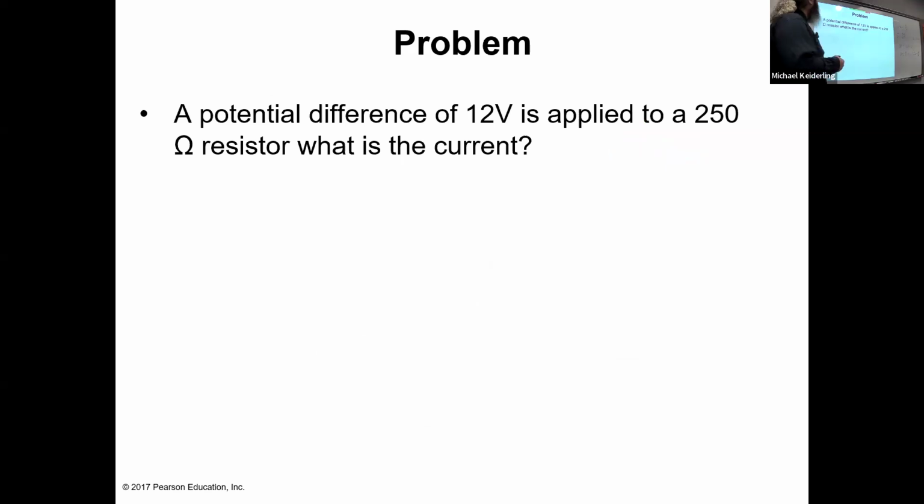So if a potential difference of 12 volts is applied to a 250 ohm resistor, what is the current?